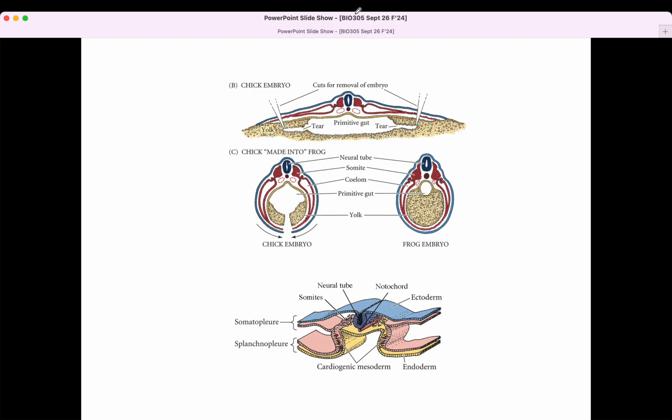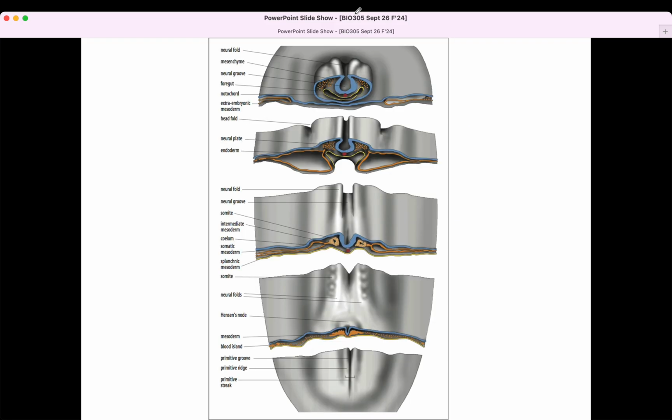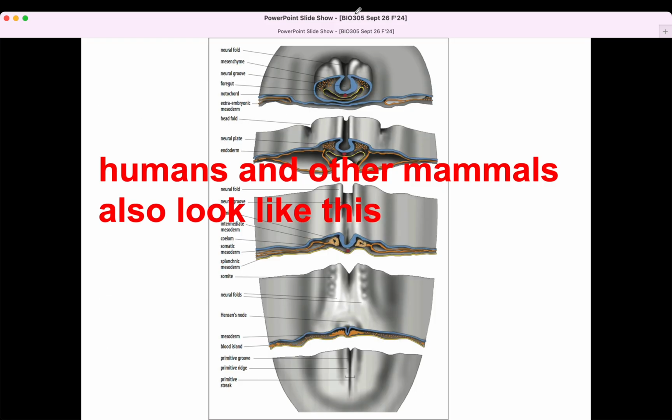A key difference is that the frog goes through the blastula, gastrula, neurula stages, so really distinct steps. Whereas in a chicken, reptile, bird, or mammal, those stages happen within the embryo at the same time, where the most posterior region is earlier in development, and the more anterior region is later in development. And with that, we're pretty good in covering the chicken.